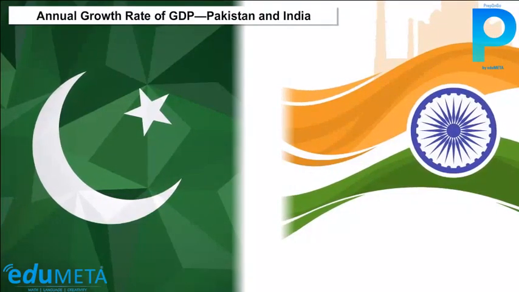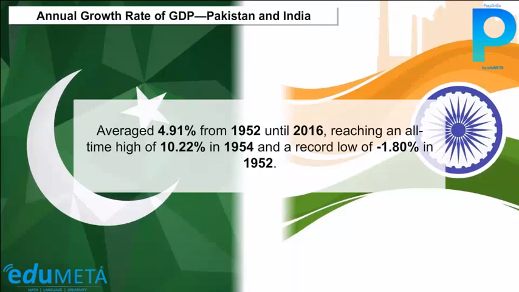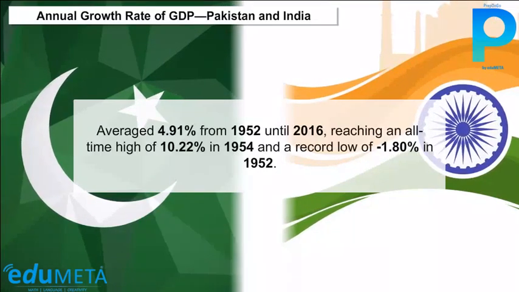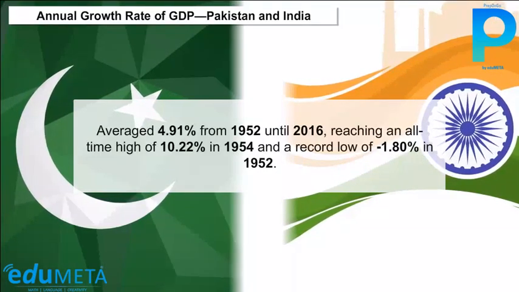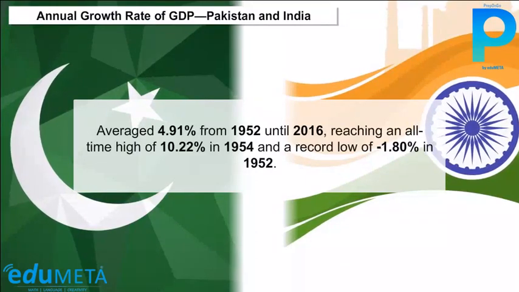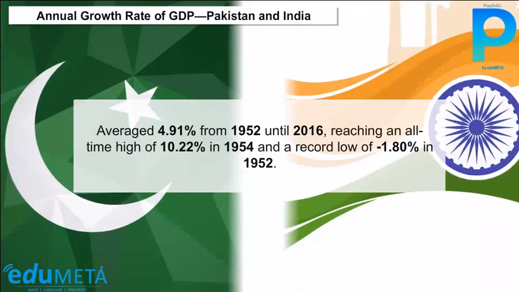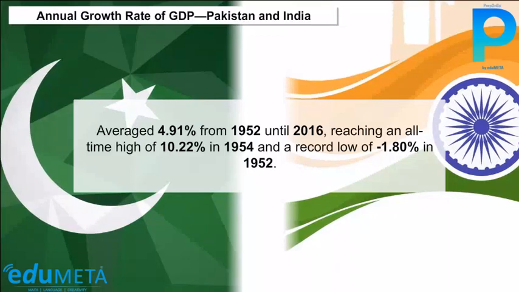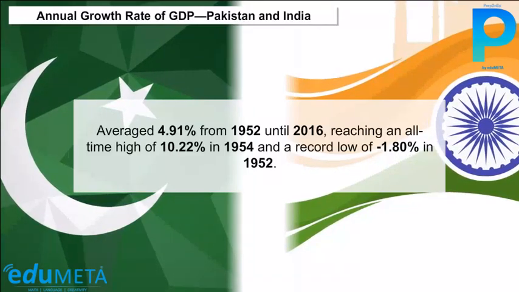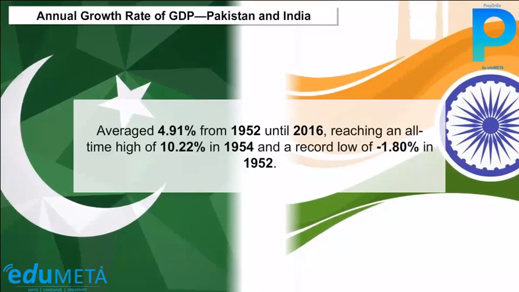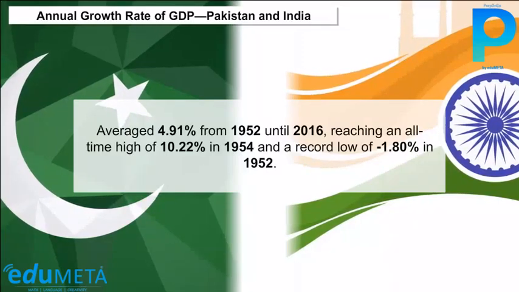Annual growth rate of GDP, Pakistan and India. GDP growth rate in Pakistan averaged 4.91% from 1952 until 2016, reaching an all-time high of 10.22% in 1954 and a record low of -1.80% in 1952.